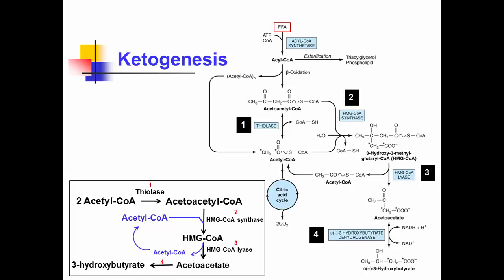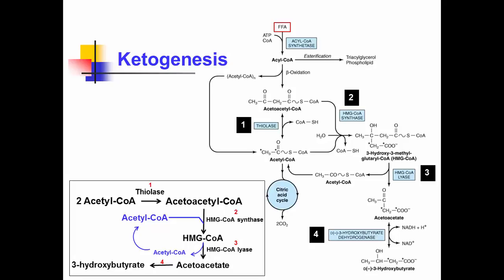And the HMG-CoA is then cleaved and broken apart into acetoacetate and acetyl-CoA. This is done by an enzyme called HMG-CoA lyase, which breaks down the HMG-CoA into the two molecules. It releases the acetyl-CoA molecule again, and this can be recycled for the second HMG-CoA molecule synthesis in the next cycles, right?